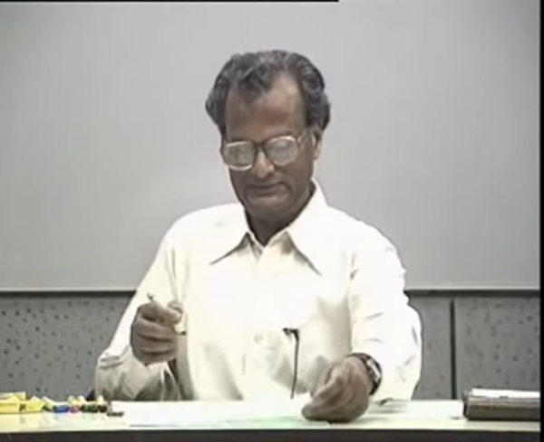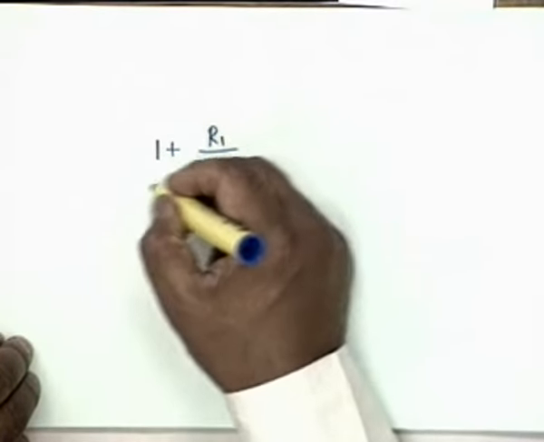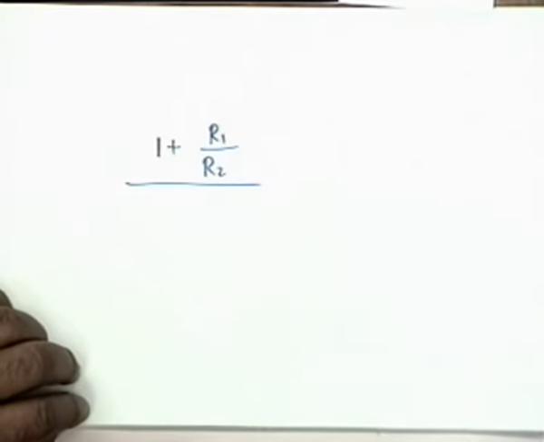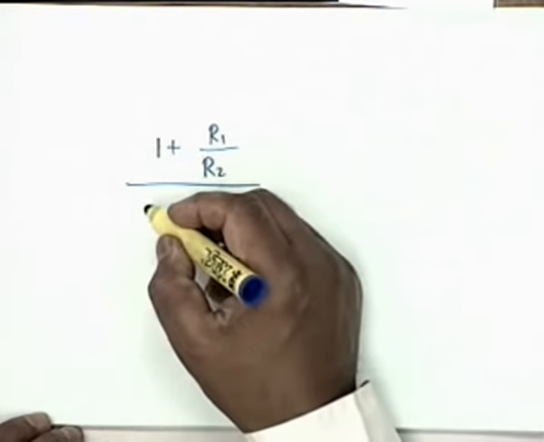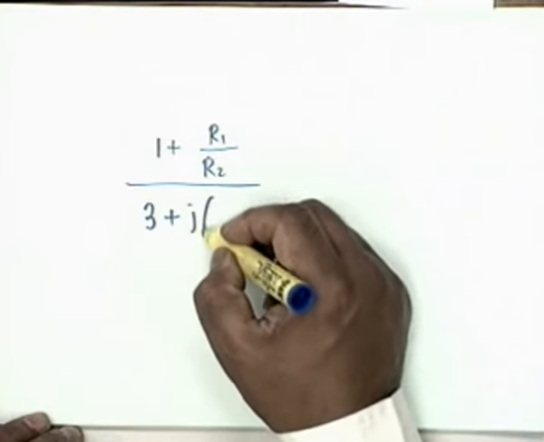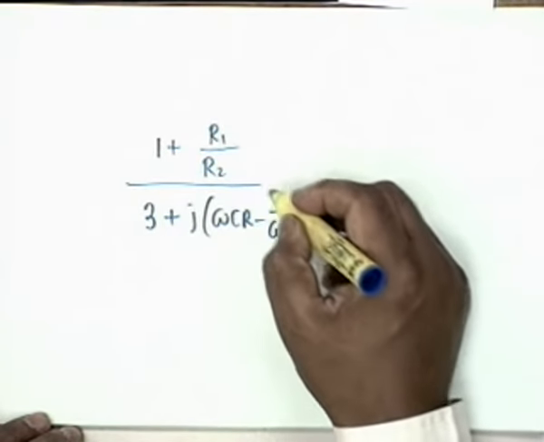the A beta is 1 plus R1 divided by R2, and the beta can be simplified to the following: 3 plus j omega CR minus 1 by omega CR.